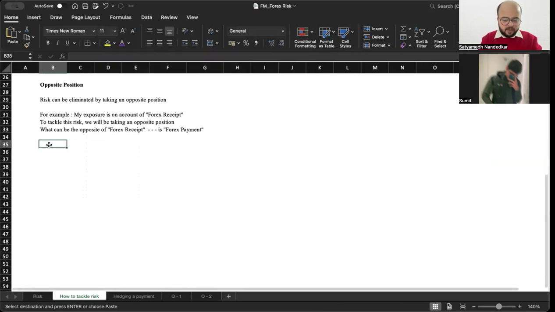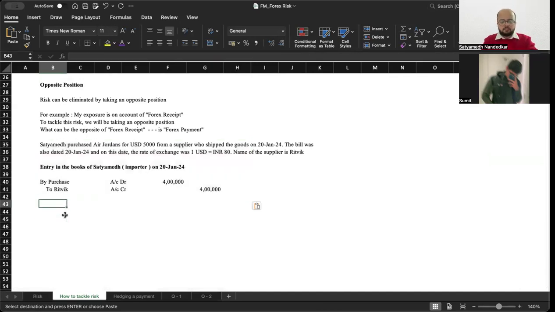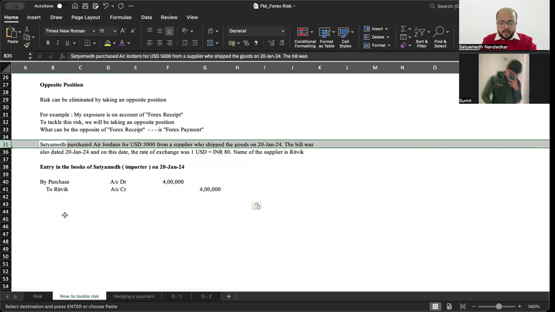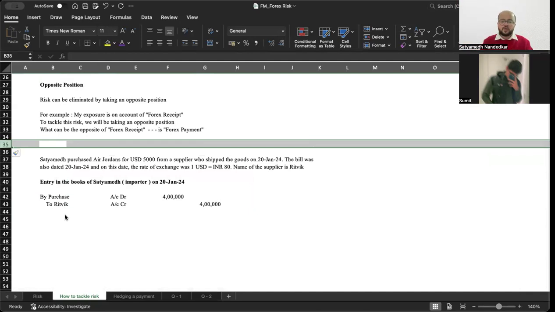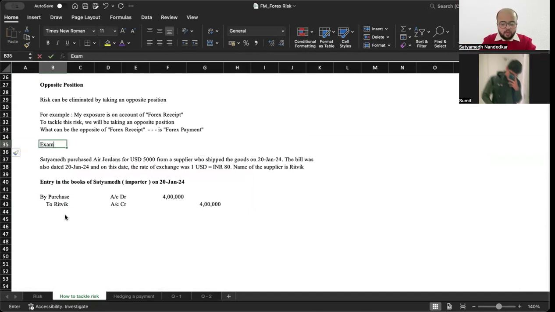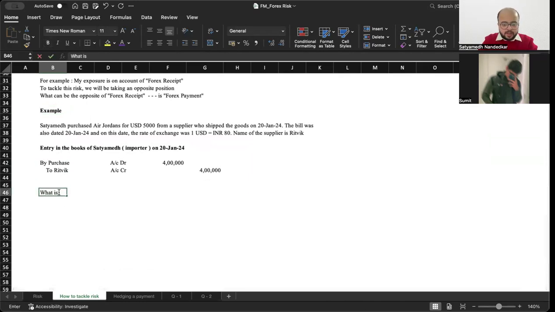Same transaction as above. Satyamedh is an importer who purchased goods from a supplier in the United States. When he purchased, the rate of exchange was $1 equal to INR 80. Now, what is Satyamedh's concern?